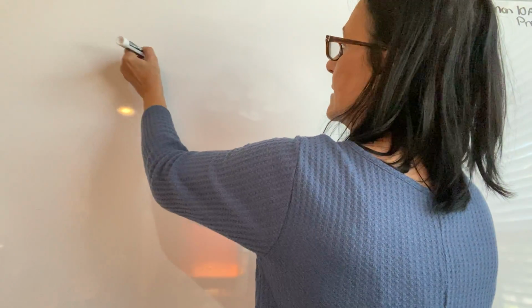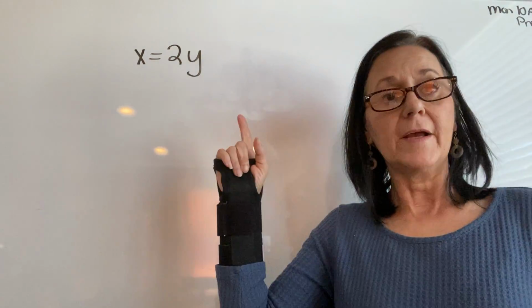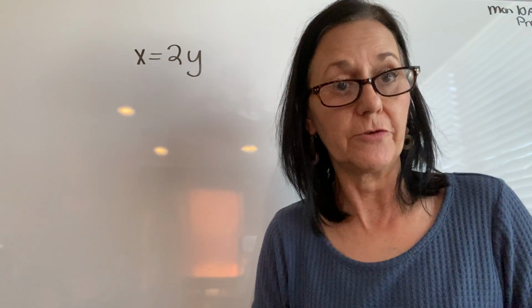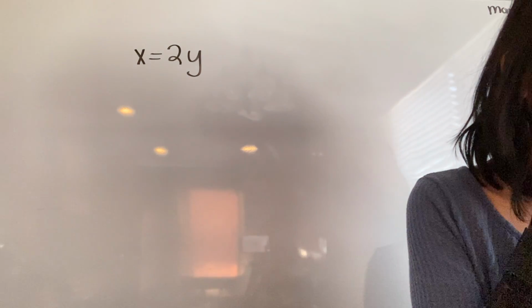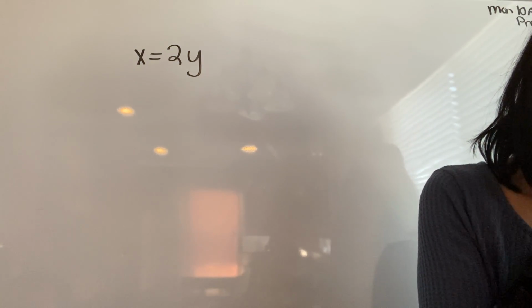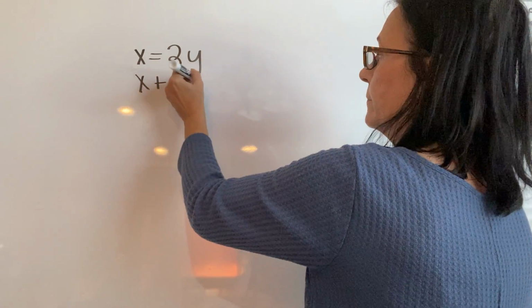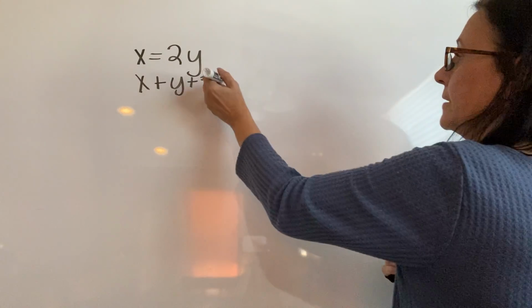We have x equals 2y. Always when you have a variable equals something, we're always going to use that for substitution when we have these systems of three equations. Then we have x plus y plus z equals 9.